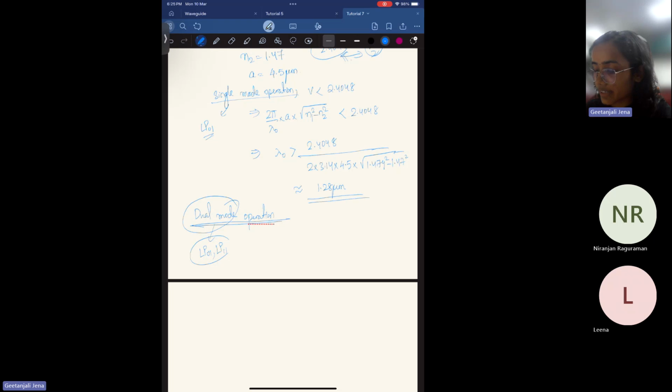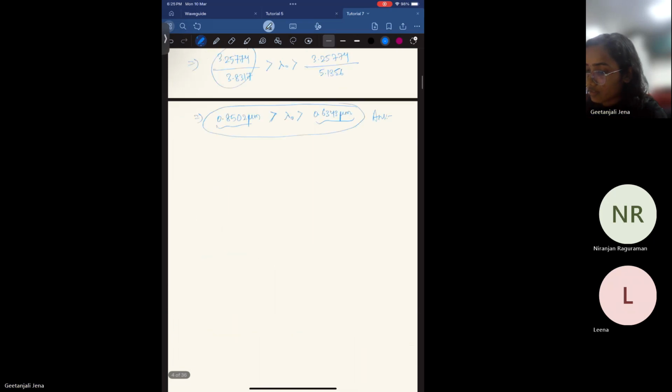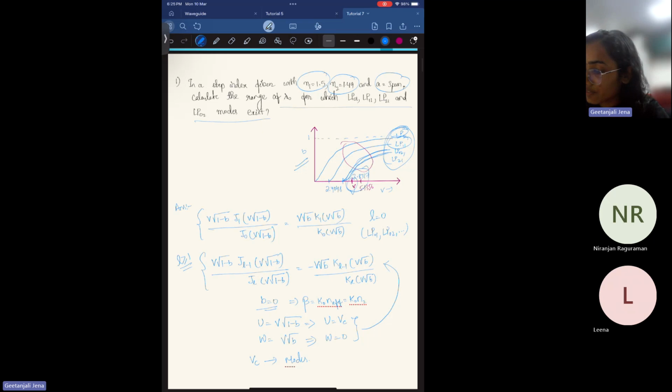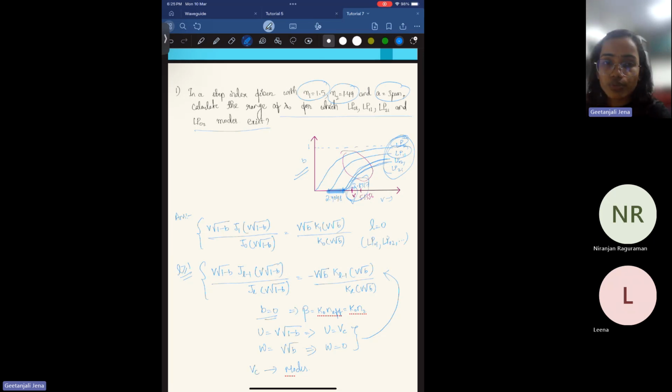These modes will be guided for the dual mode operation. And for that, if you see the V-b curve, you can see the V values should lie in this range, that is 2.4048 to 3.8317.